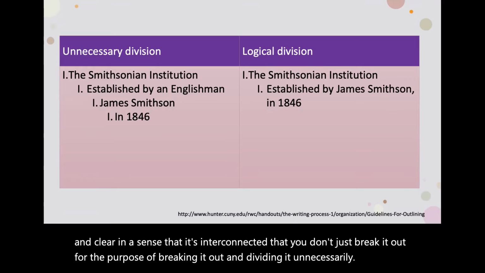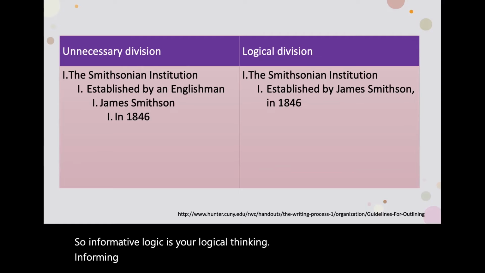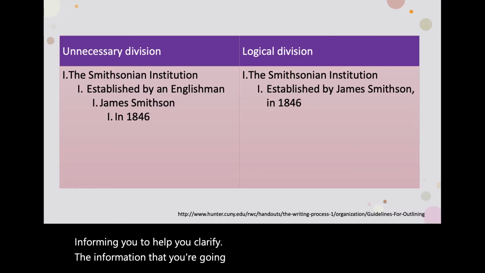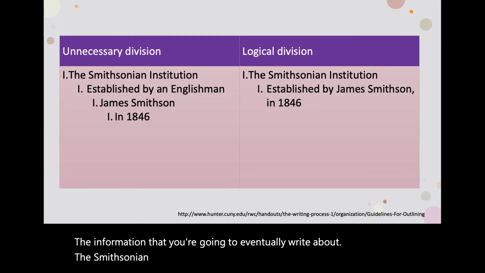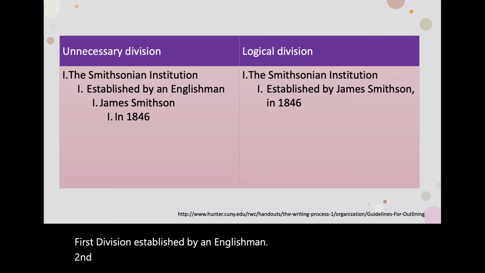So, informative logic is your logical thinking informing you to help you clarify the information that you're going to eventually write about. The Smithsonian Institution on the left-hand side, first division, established by an Englishman. Second division, James Smithson.